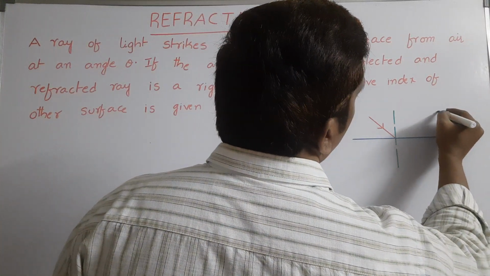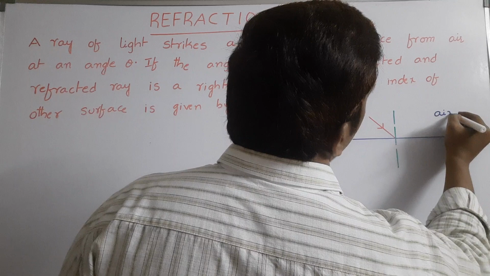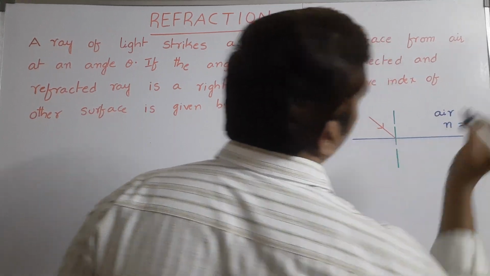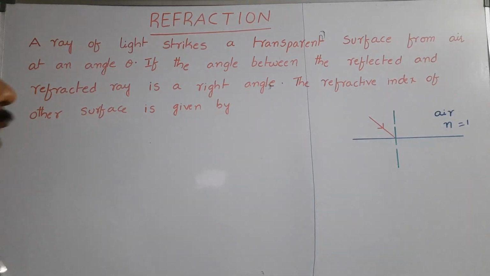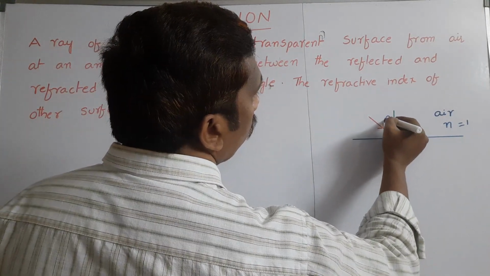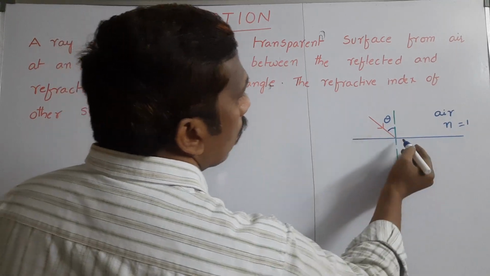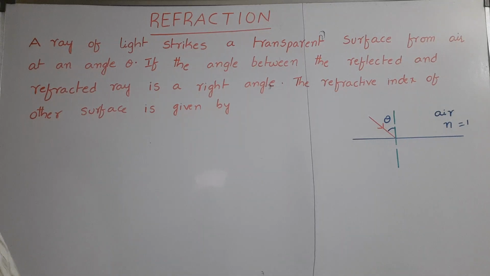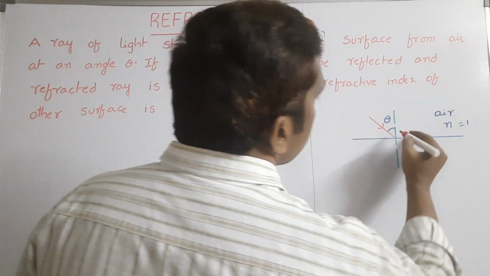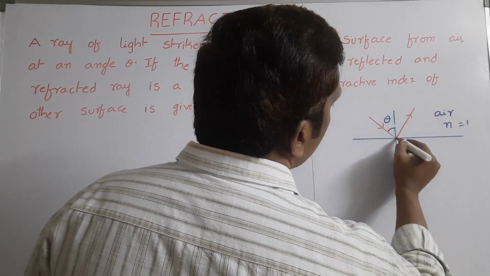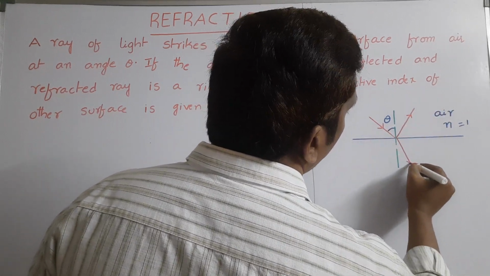This medium is taken as air, its refractive index is treated as 1. Here the light ray is incident at an angle theta with the normal. Some portion of light is reflected and some portion is transmitted into the second medium.